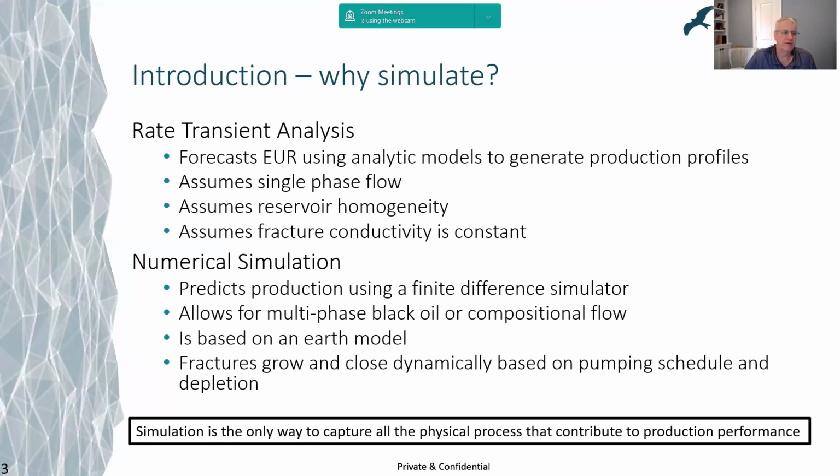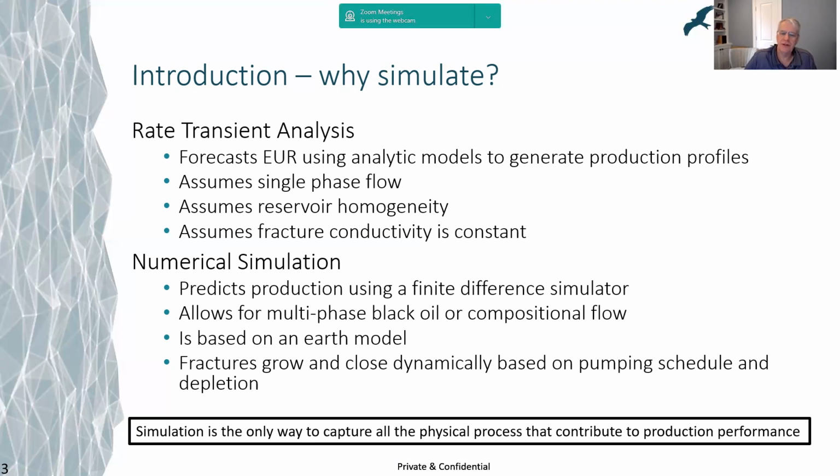With rate transient analysis, the reservoir is assumed to be homogeneous, whereas 6X can work with a heterogeneous geomodel, such as one which could come out from Petrel. So you have spatial variation in the geological structure and the input properties.